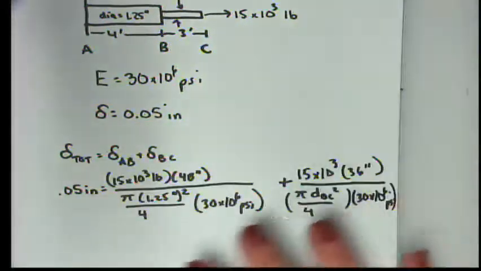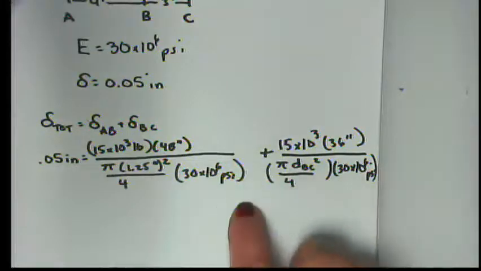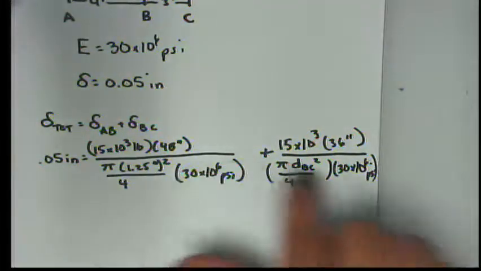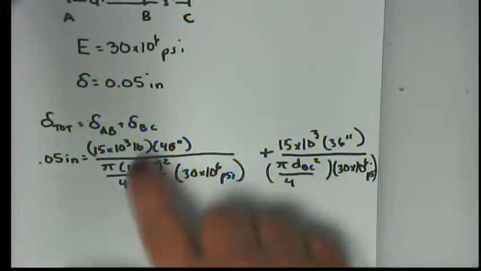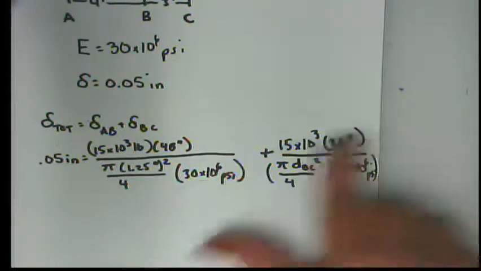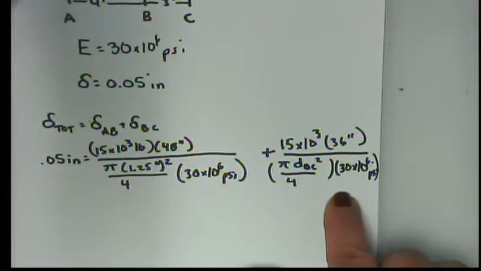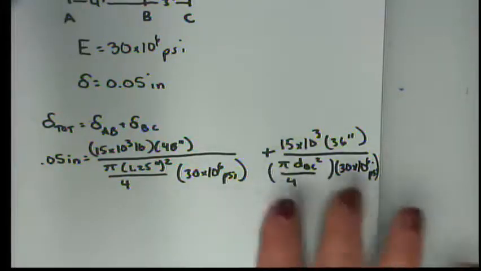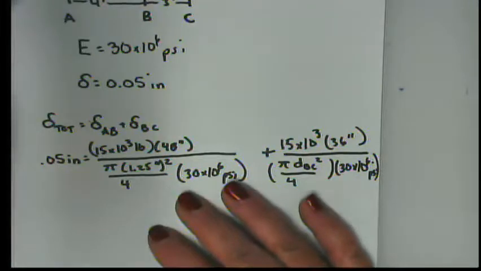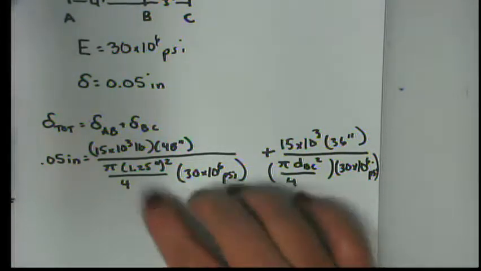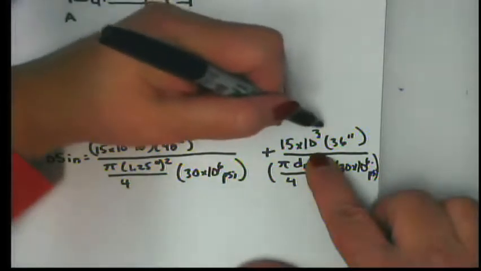Now, the reason that I wrote it out this way is because a lot of these factors are in common between the two terms, aren't they? So I can pull them out and not have to do the math. In other words, I could compute this whole big thing, and then I could compute this whole big thing, but really I can pull a bunch of these things out and then put them over on the other side of the equation. So, just using a little algebra, what do we have in common? 15 times 10 to the 3rd pounds.